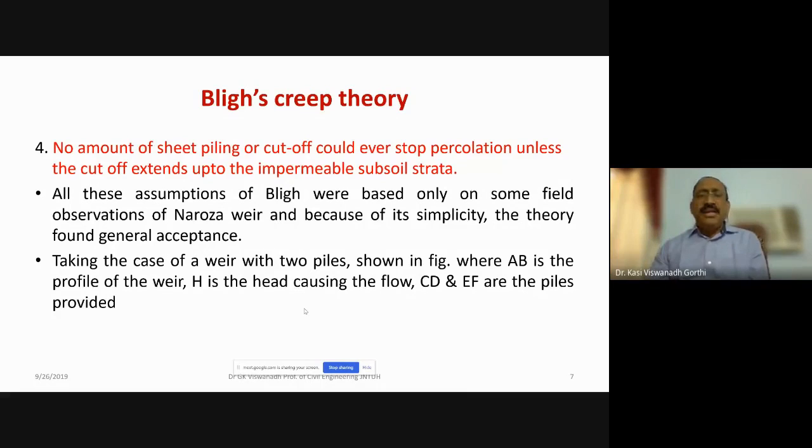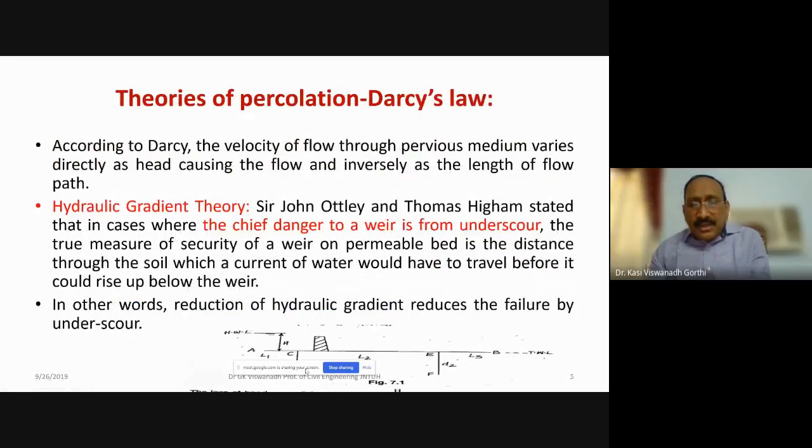So when you are providing a sheet pile or a cutoff, either on the upstream side or on the downstream side, it will not stop the percolation unless this sheet pile extends much deeper, until it encounters the impermeable strata.